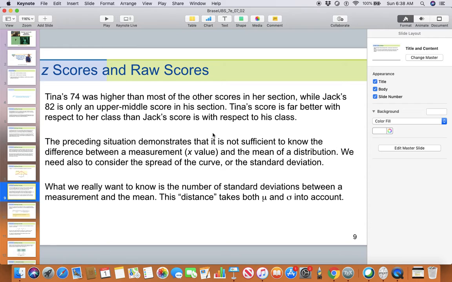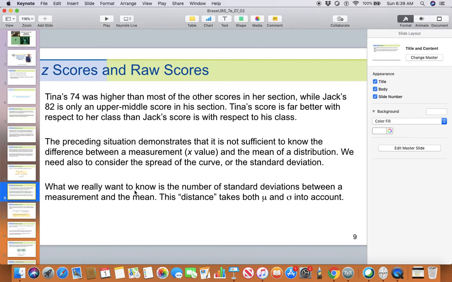So if the standard deviation is small and you're 10 points above the mean, then you have done much better than the rest of the students, and so on. Okay. So this situation demonstrates that it is not sufficient to know the difference between a measurement and the mean of a distribution. We need also to consider the spread of the curve.